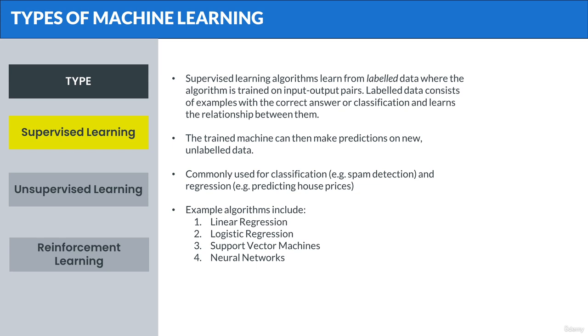Labeled data consists of examples with the correct answer or classification, and then learns the relationship between them. The trained algorithm or machine can then make predictions on new unlabeled data. This type of machine learning is commonly used for classification, such as spam detection, and regression, so for things such as predicting house prices, for instance.